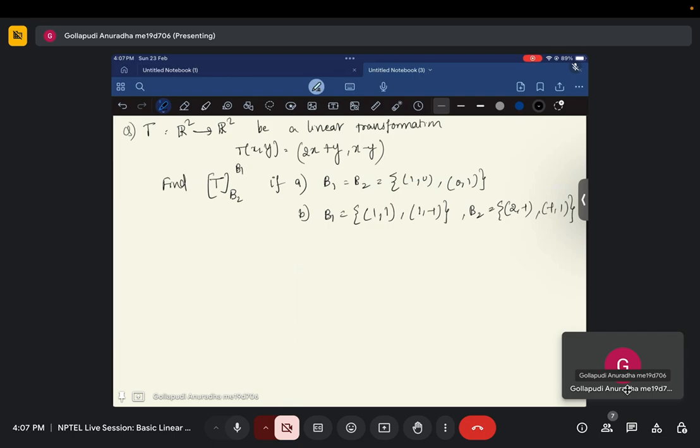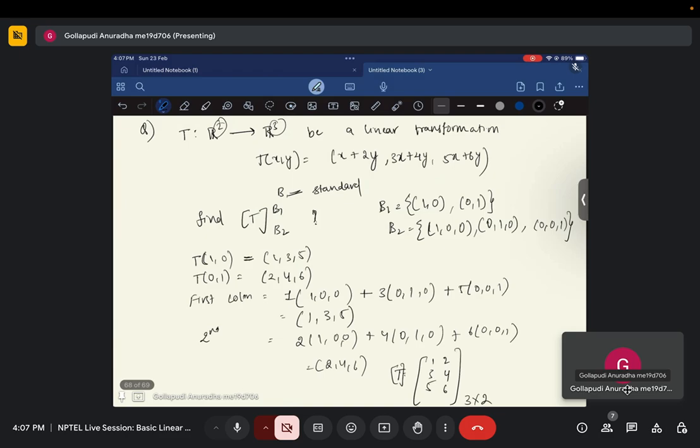Ma'am, can you please show the previous page? This one? Yes, thank you, ma'am. This one. Second one. Done, ma'am.